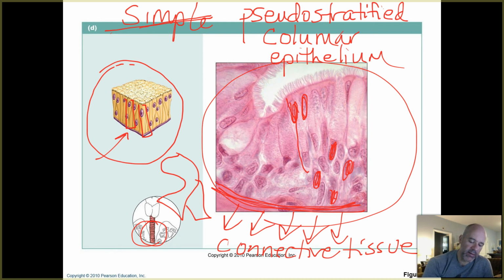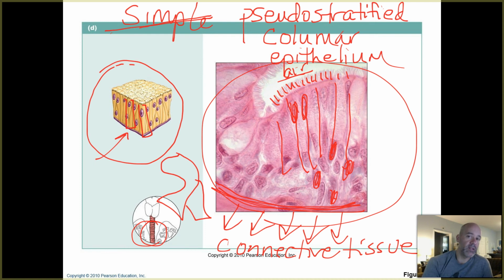And you can kind of see some of the borders in between these individual cells. Looking there closely, and they're all twisted around each other. This would be the air up in here, the space inside the trachea.